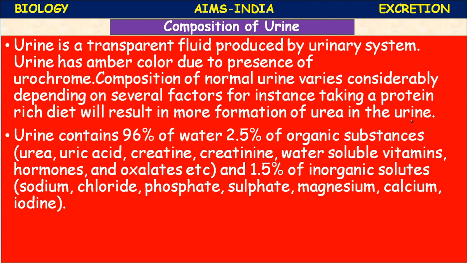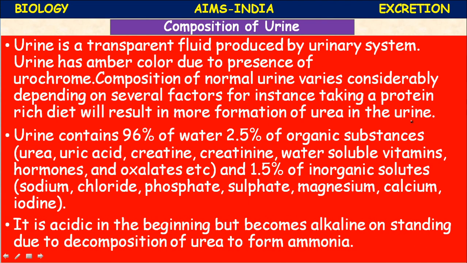And oxalates, these are all the organic substances present in the urine. And it also contains 1.5% of inorganic solutes, means some salts like sodium, chloride, potassium, sulfate, magnesium, calcium, iodine. These are all the inorganic solutes which are present in the urine.